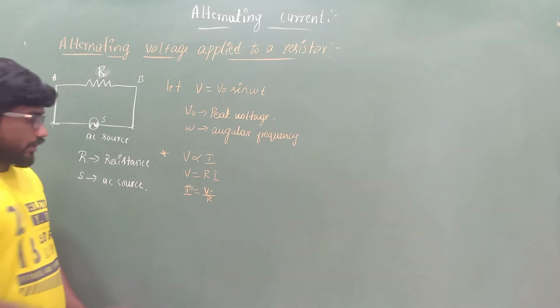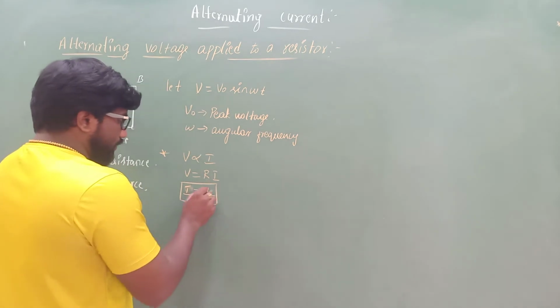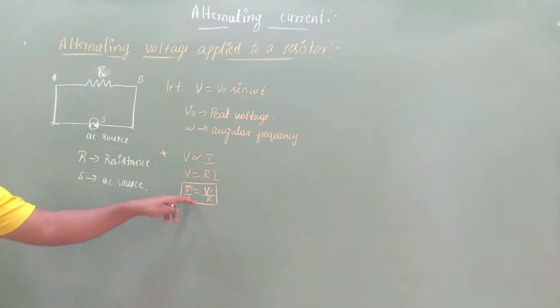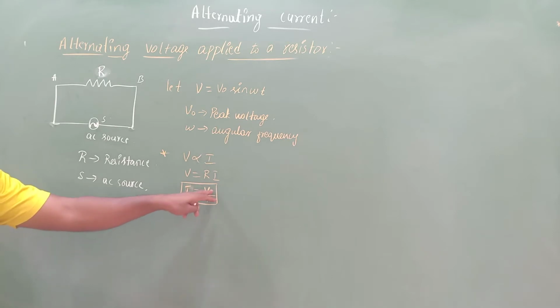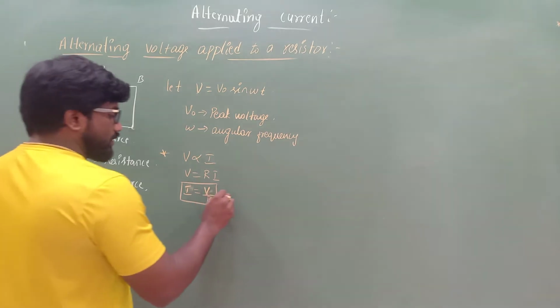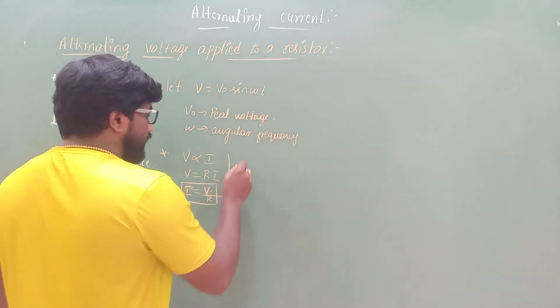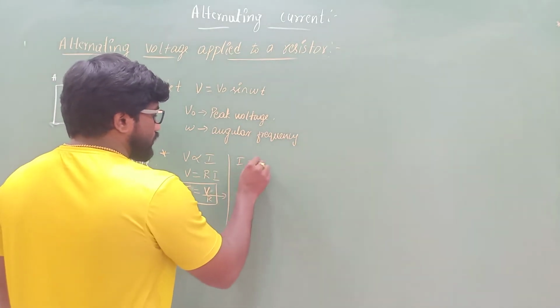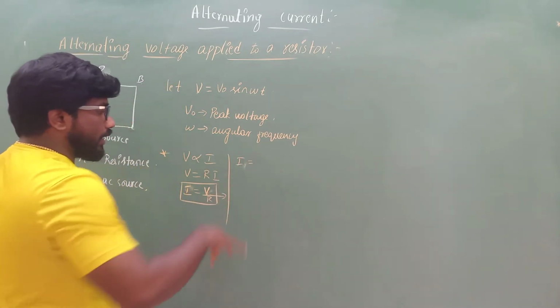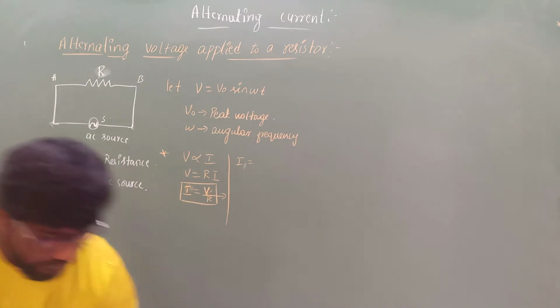If you want to find the value of current, I is equals to V by R, where R is the resistance value here.